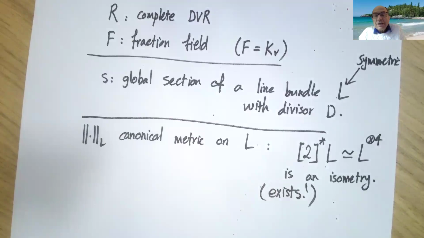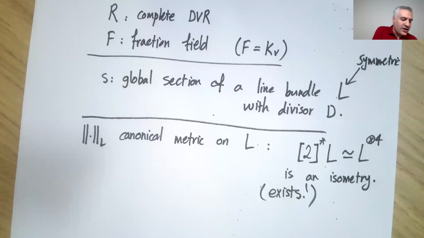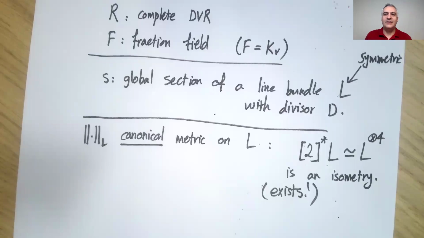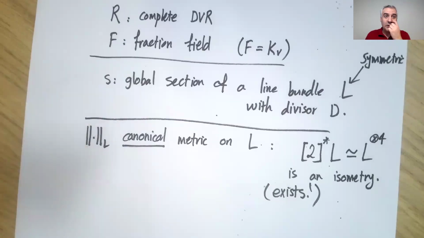And this is a unique metric, and in fact, the word canonical here is actually kind of faithful to the original usage of canonical. It can be constructed using some kind of a Tate trick. You can iterate some process, and in the limit you get this unique metric.